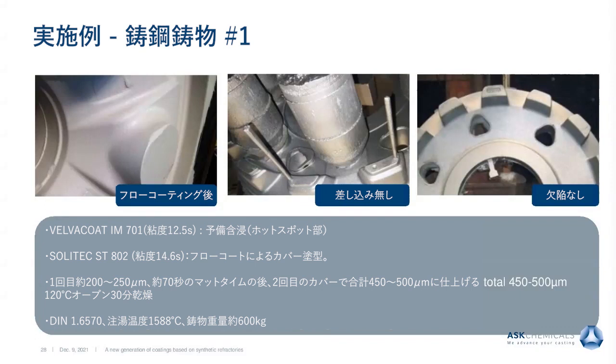Here you see a casting, and we pre-impregnated the mold on some hotspots, especially under the risers, for instance, with Velvacoat IM701 at a viscosity of about 12.5 seconds. And then we applied the cover coating Solitec ST802 at about 14.5 seconds.